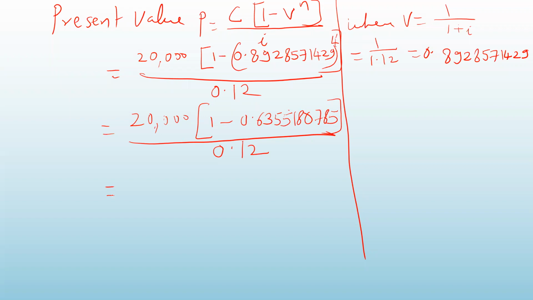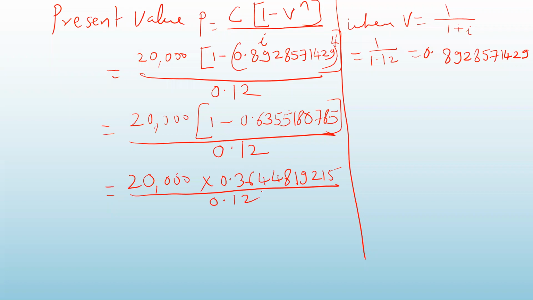When you subtract from 1, you get 0.36448 19215, divided by 0.12. Simplifying this, you get 60,746.99.